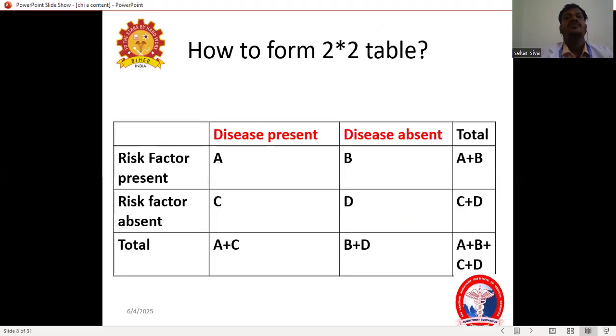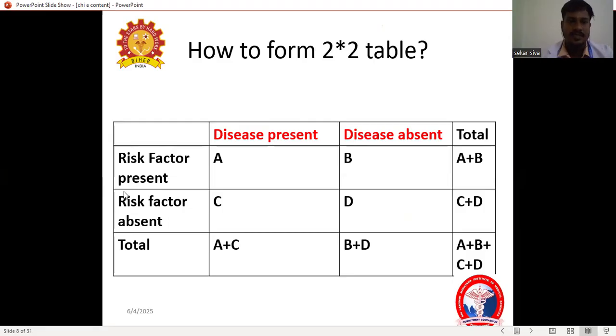Here, how to form a 2 cross 2 table. Always, the disease will be on the top: disease present and disease absent.